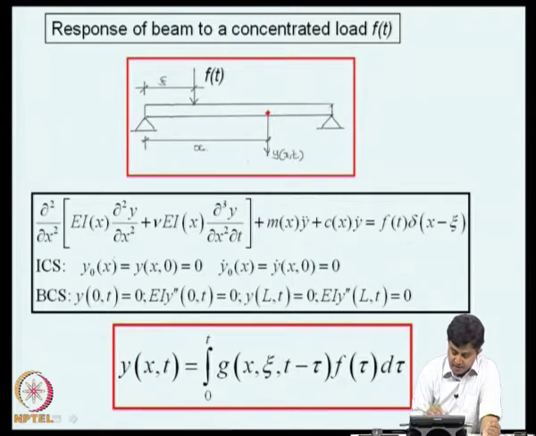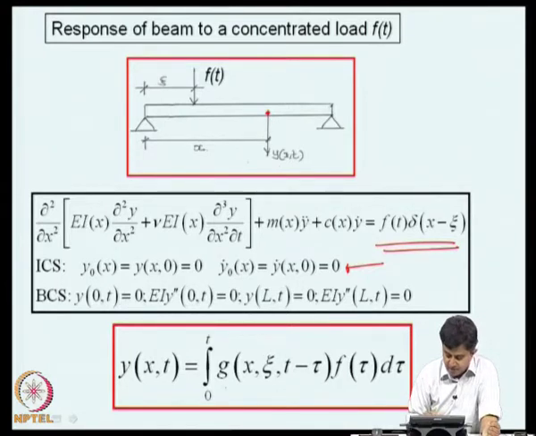So, in the beam equation the right hand side changes, now it is f of t into delta of x minus psi, and we are assuming that the system starts from rest. We can show that the displacement y of x comma t is the convolution of Green's function appropriate for this psi and x, with the time function f of t.